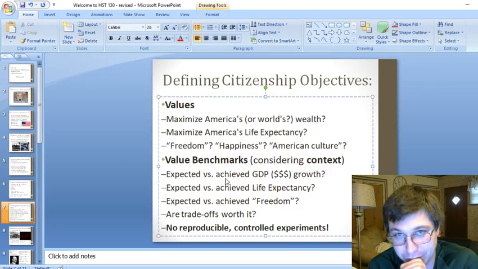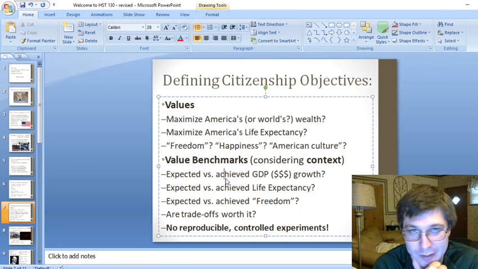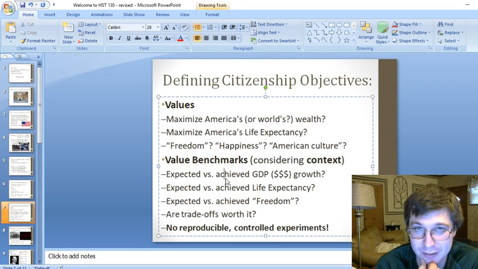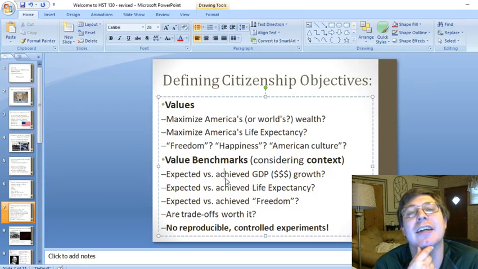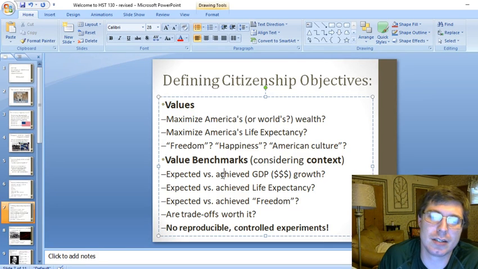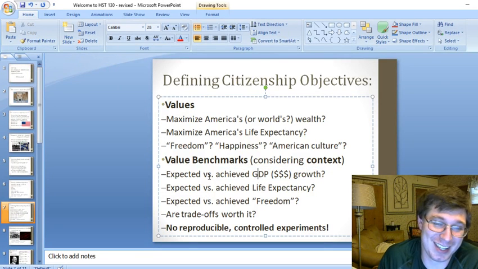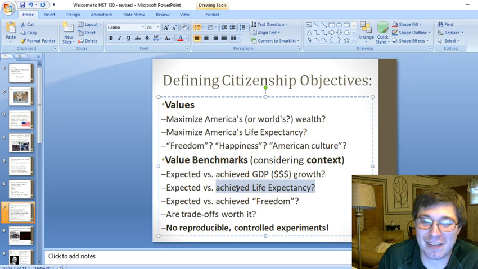So, for example, take Franklin Delano Roosevelt. He was the president of the United States during the Great Depression and during World War II. So, should we say that he was a horrible president because, when he was president, American GDP growth was not very good, let's say, compared to the 1920s, and a lot of Americans lost their lives under his presidency?